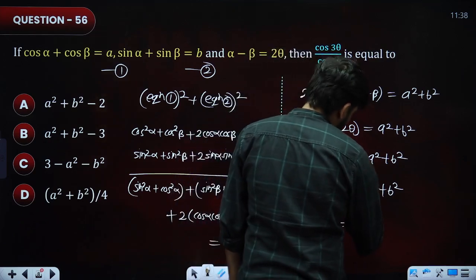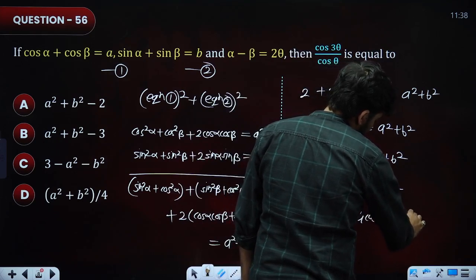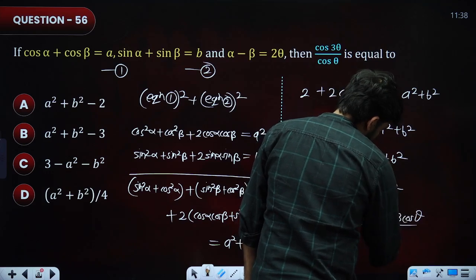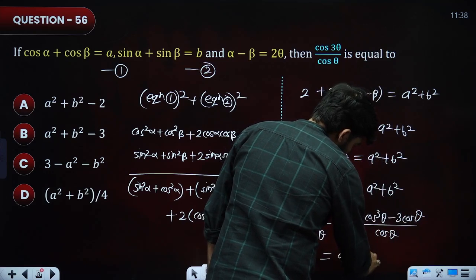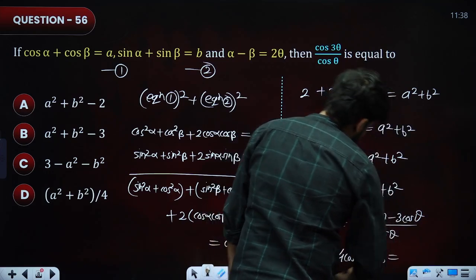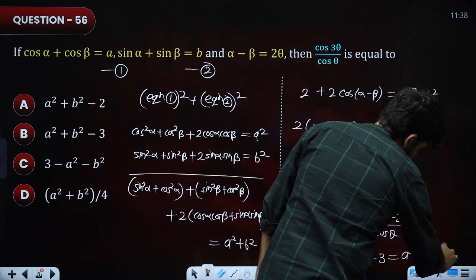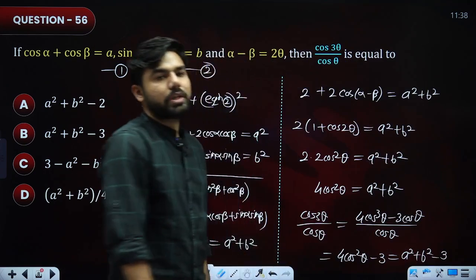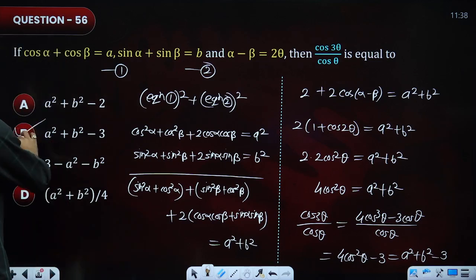Correct. So we can write 4 cos cube theta minus 3 cos theta upon cos theta. Therefore 4 cos square theta minus 3 equals A square plus B square minus 3. Correct. So A square plus B square minus 3, option B should be the correct answer.